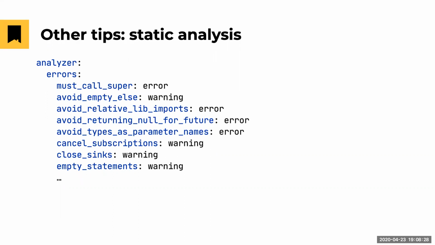That's very convenient because things like, for example, not closed sinks or empty statements can happen while you're experimenting with your code. And you don't usually want to waste your time to prettify your churn code.